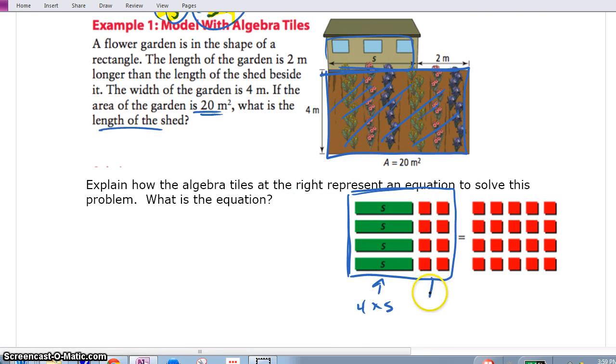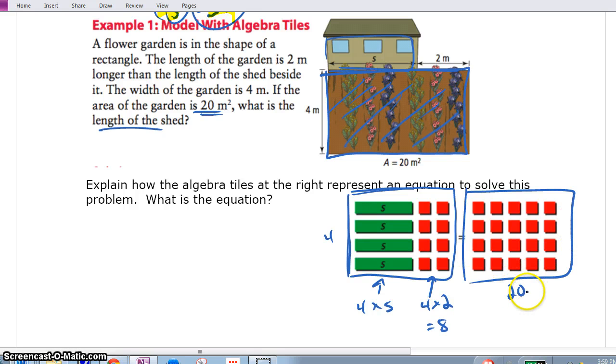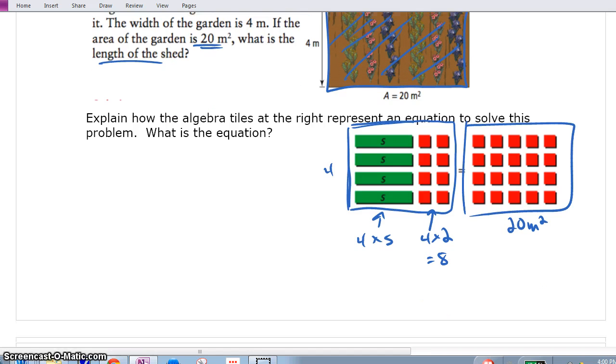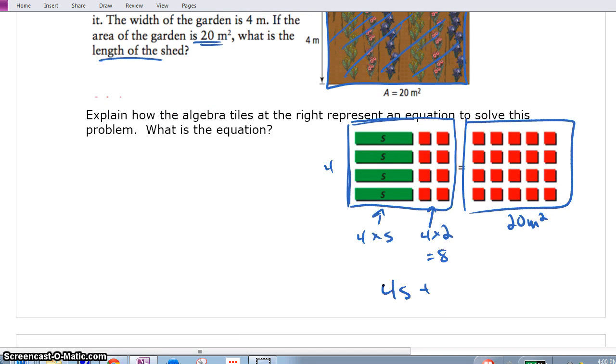So this is 4 times the 2 meters equals 8 square meters there, right? We also know that in total that equals 20 square meters. So we've got 4s plus 8 equals 20 meters squared.